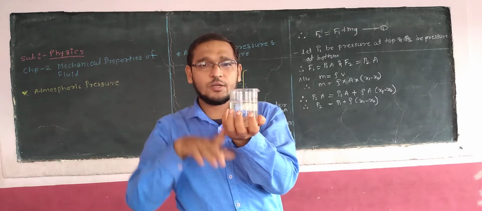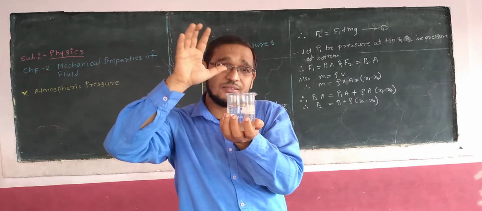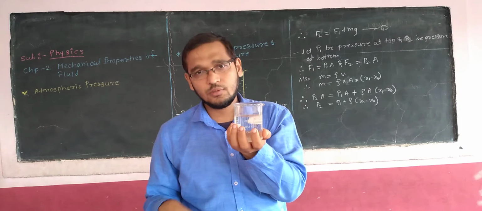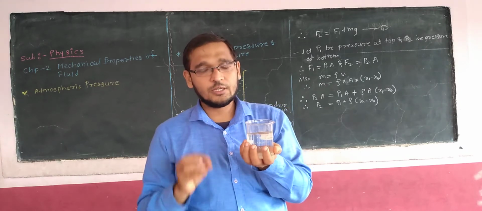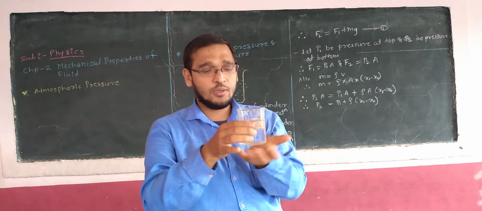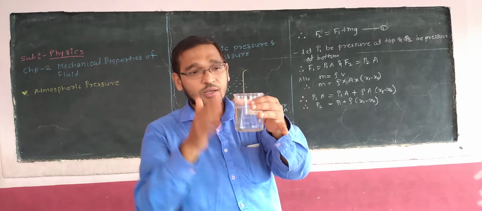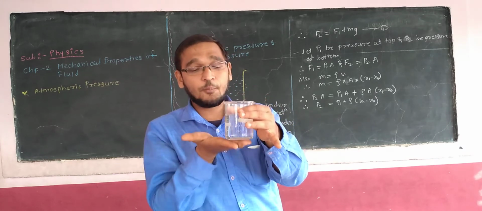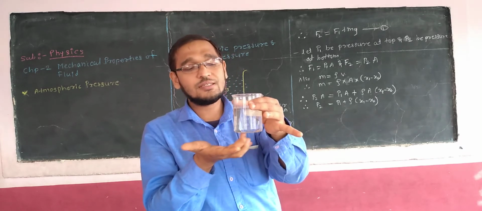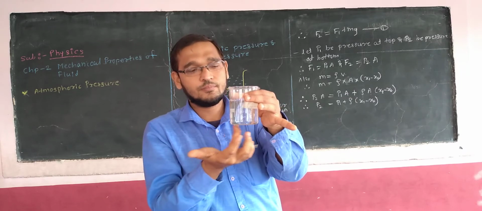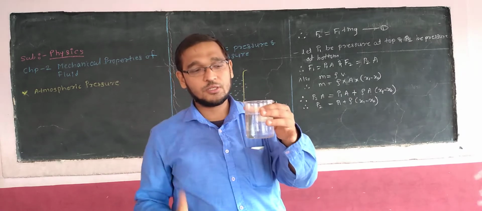This volume of water has a certain weight, let that weight be mg, mass into gravity. Due to that weight, this water applies a certain force on this surface area. That is called pressure.